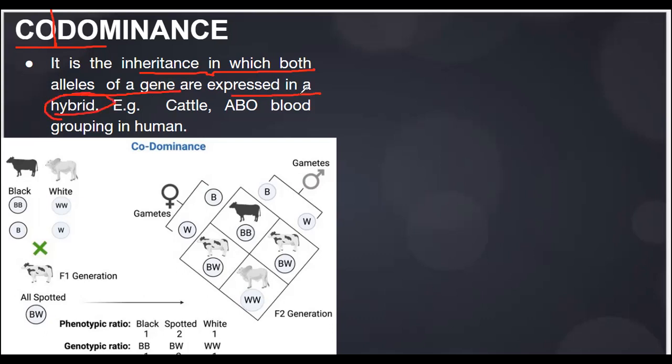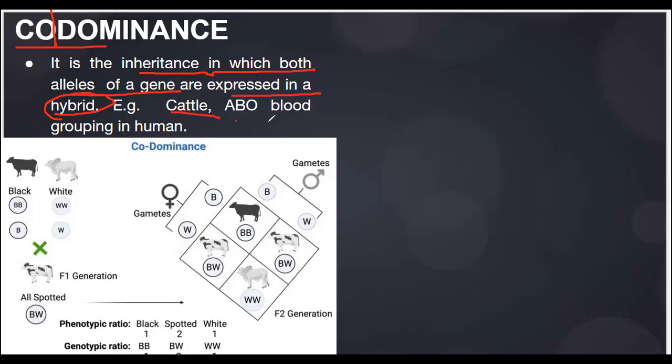Okay, both are expressed. There, the capital R was not capable to express completely. That is why instead of getting red color, a lighter version of reddish pink was observed. Here, both will express themselves equally. There, partial expression was there of the dominant allele.